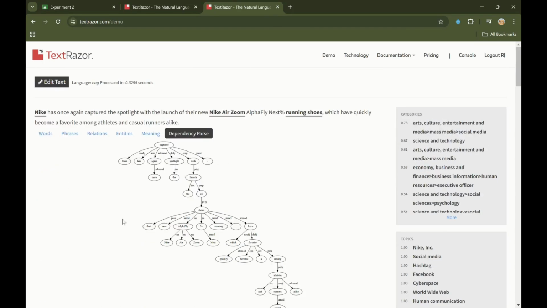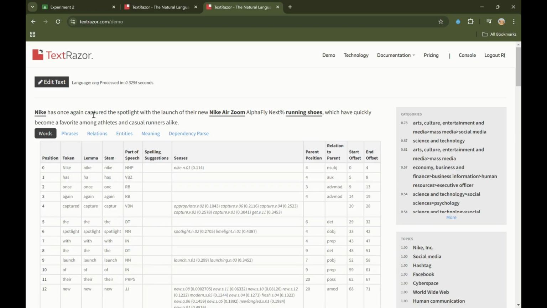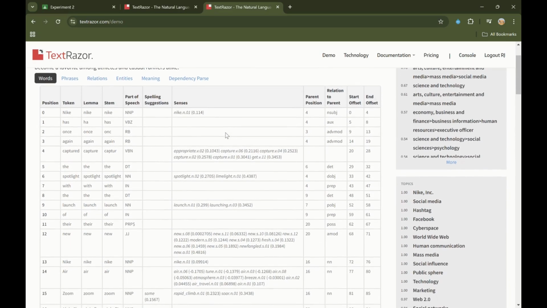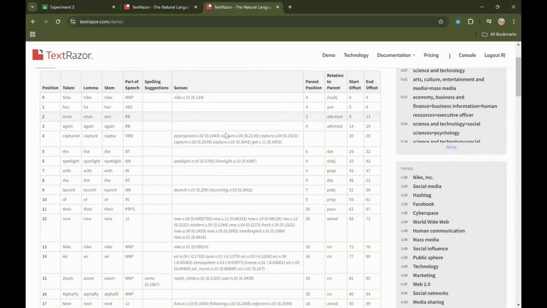Firstly, we'll look at the first category, which is the words. As we can see, there's a token, for example Nike. Each word is given a token and it shows how it is placed in the tree that we saw in the dependency parsing. It also allots parts of speech.